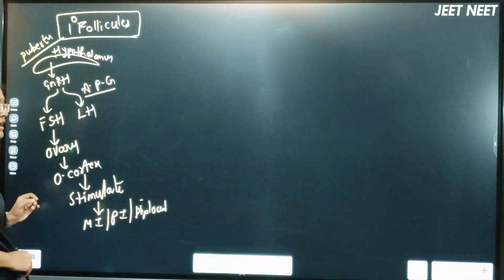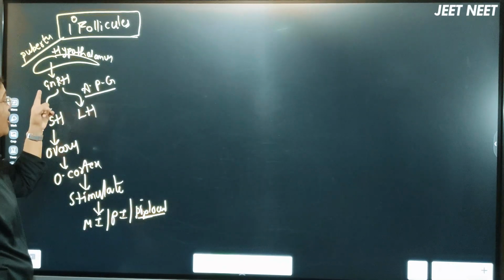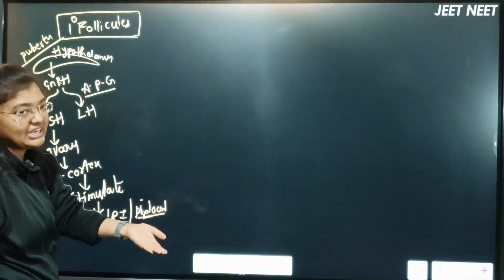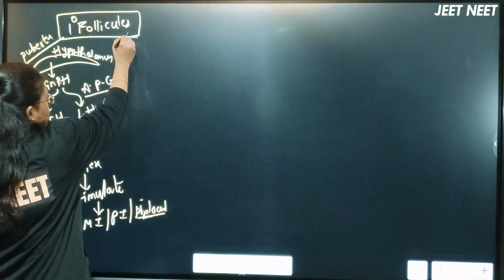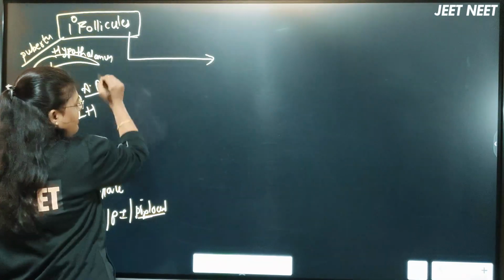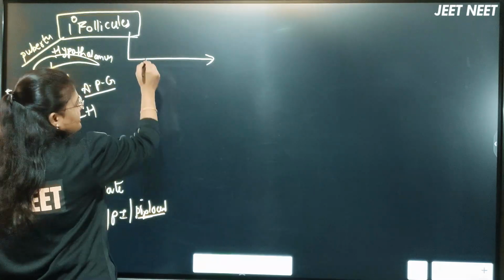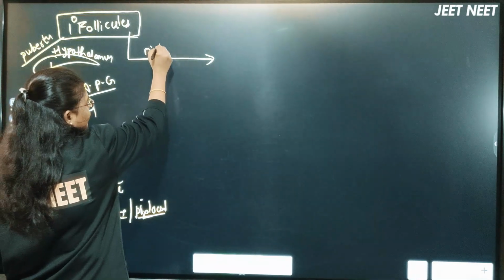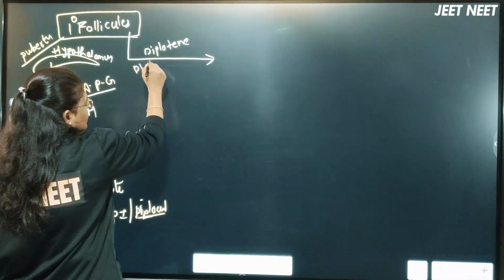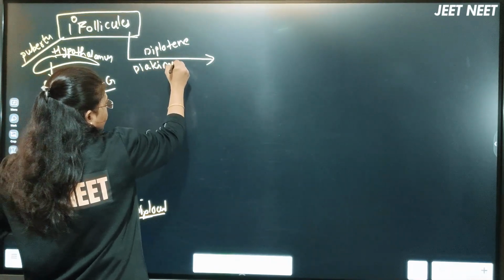Clear this point here, right? It started its division, right? FSH will stimulate the follicle division that had stopped. Once this follicle started division, beta, look at the next thing here. The primary follicle completes its diplotene phase, diakinesis got completed.